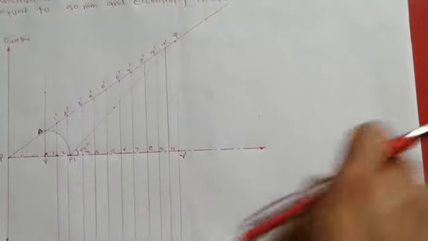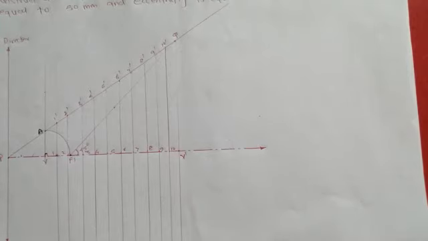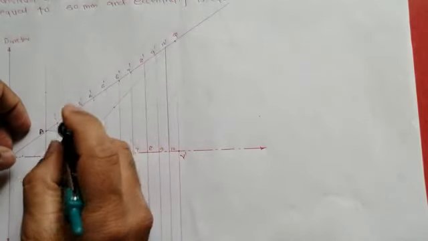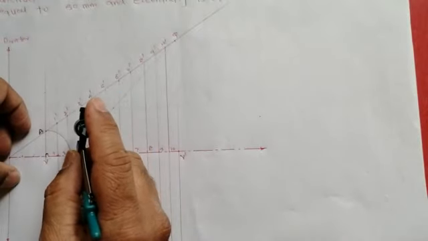Okay. Now with this information, we'll locate the points which are there on the curve. Now how to locate those points? First take distance 1 dash in the compass. Keep pointer on F1 and cut the line 1 dash on both the side of the axis, that is above the axis and below the axis.